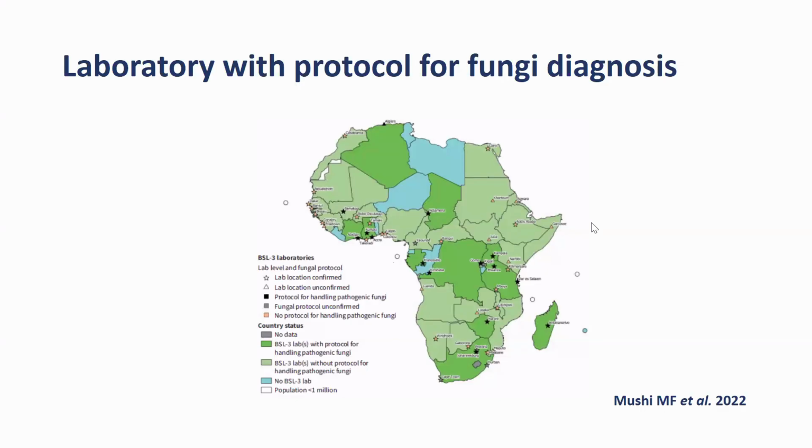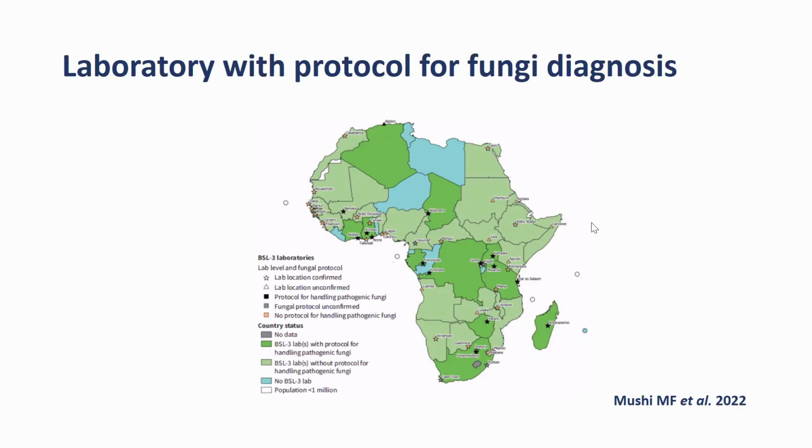But even those with biosafety level 3, we have a number of countries which don't have a protocol to handle fungal diagnosis. So they have the level 3 biosafety laboratory, but this laboratory is mainly for handling tuberculosis, not for fungal. And they don't even have a protocol for fungal diagnosis.